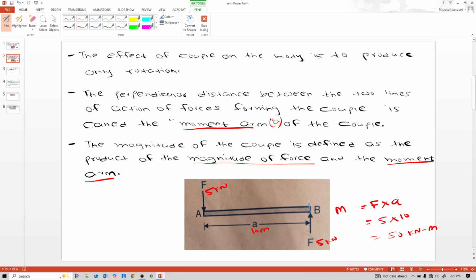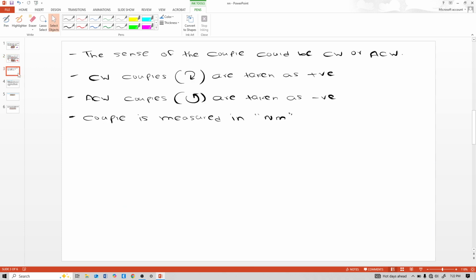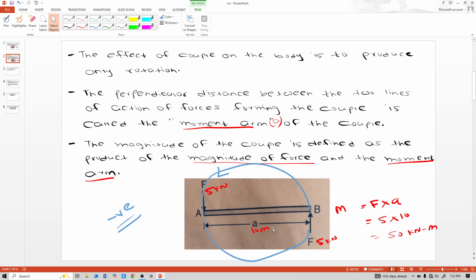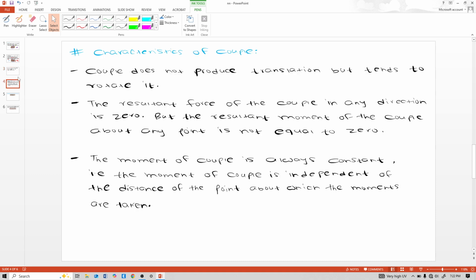So see these forces like this. It is anti-clockwise. So an anti-clockwise couple we assume in this subject as negative. So clockwise couples are taken as positive, anti-clockwise couples are taken as negative. See how this circle is passing through the moment center. So this A, this B point are nothing but the center. So couple is measured in Newton meter. The unit of couple is Newton meter.